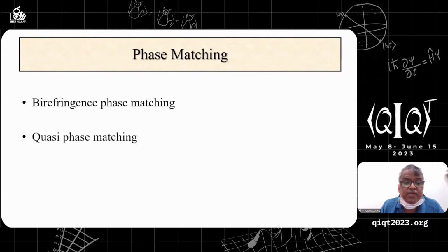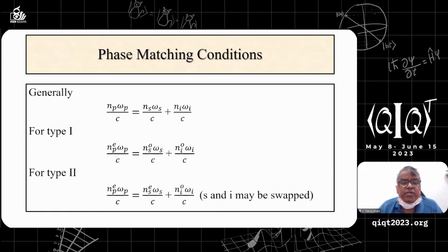Some of the examples are quartz, BBO, etc. And also one can use the modern crystals like quasi-phase matched, or periodically poled, which have higher entangled photon generation or higher nonlinear properties. So the typical equations used here are, in the case of type 1, the extraordinary, you can see the second equation.